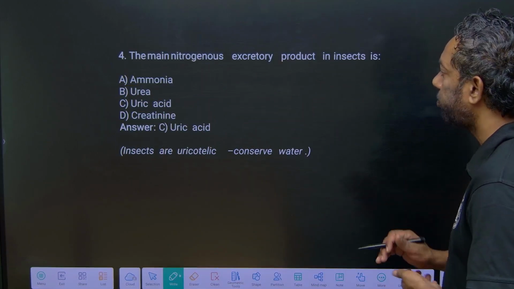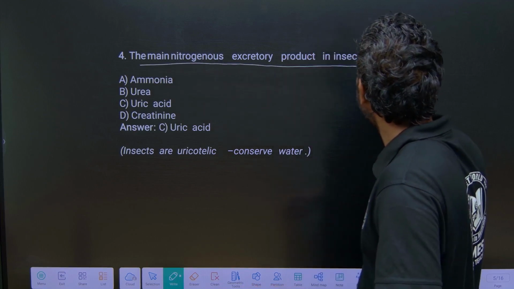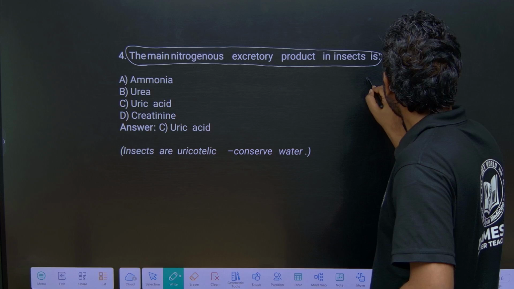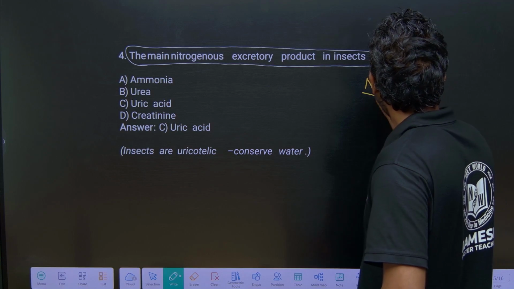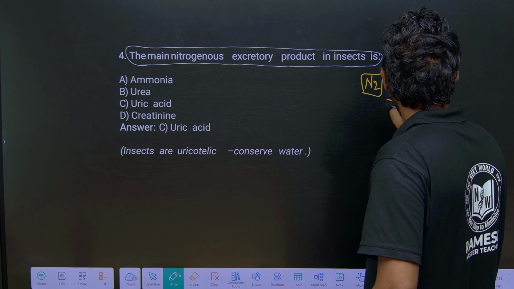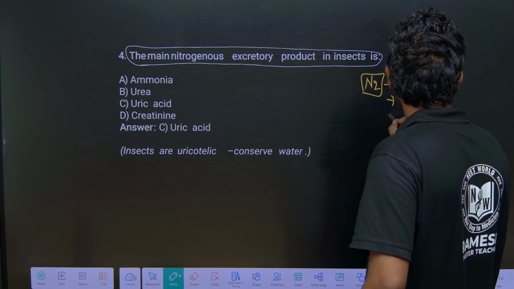Next question. The main nitrogenous excretory product in insects. Mainly the nitrogenous waste products are urea, uric acid, ammonia.